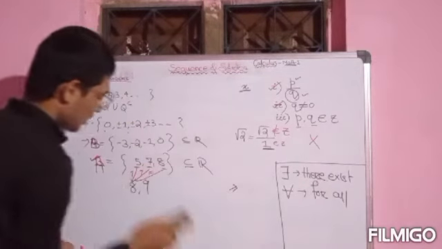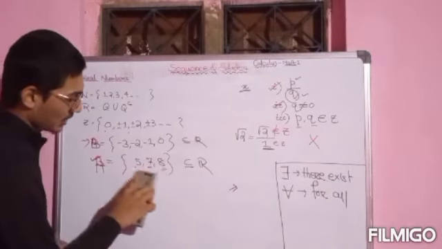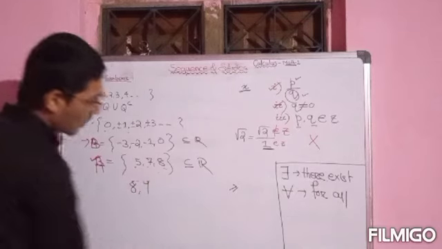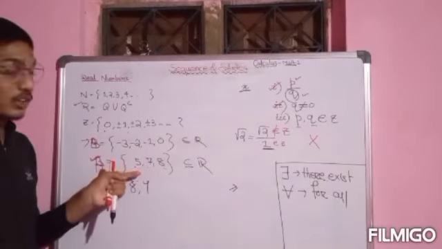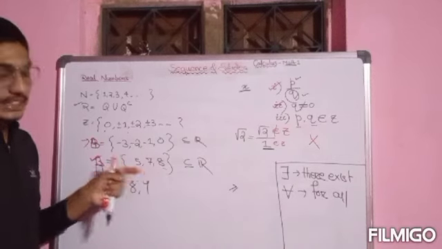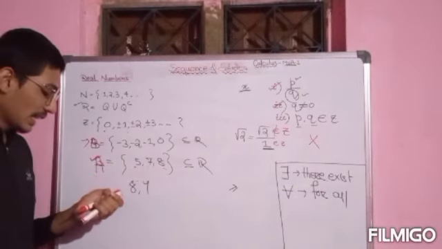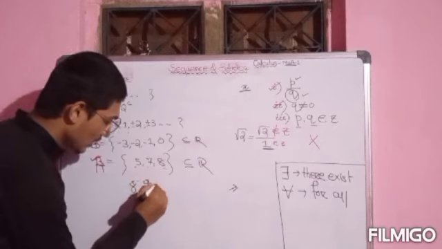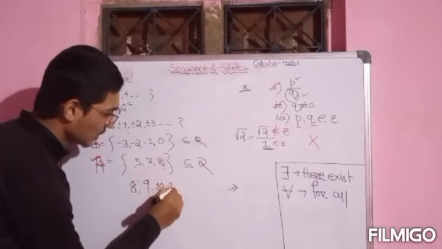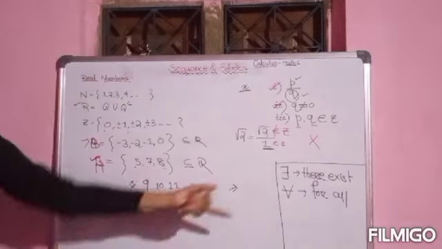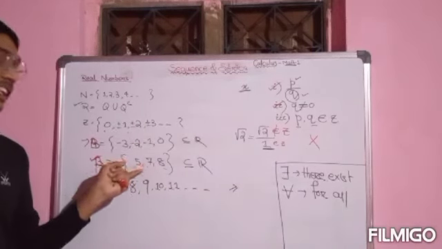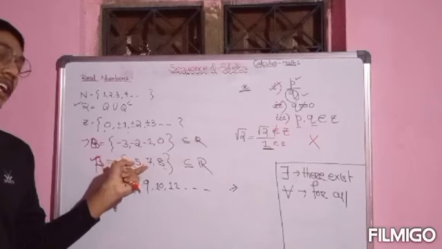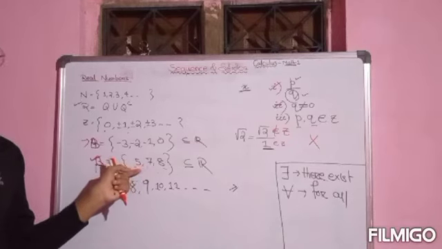So what I was asking is, is there any number you are finding in the set of real numbers which is greater than or equal to these elements of this set? Yes, you can get 8, 9, you can say also 10, 11, like this. There are infinite numbers which are greater than or equal to every element in this set.